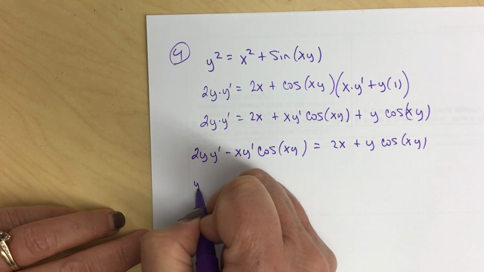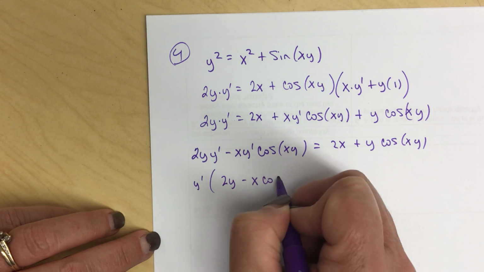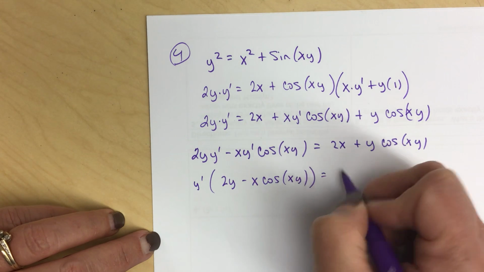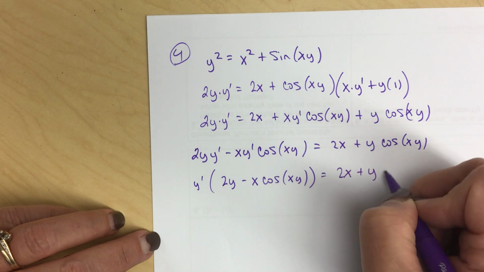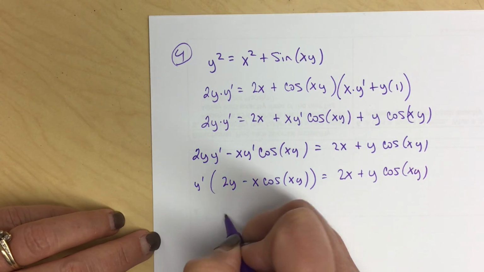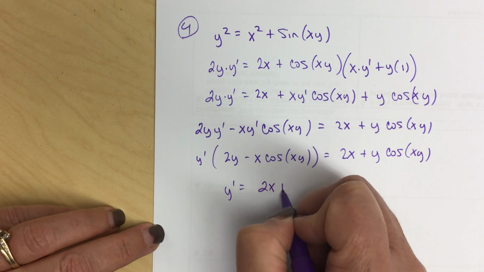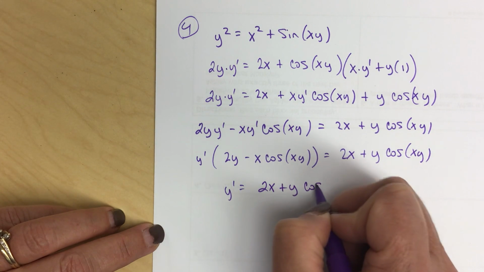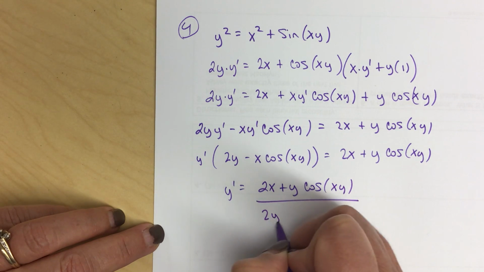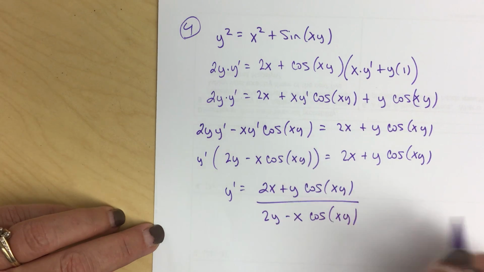Factor out a y prime, 2y minus x times the cosine of xy is equal to all of this. And so y prime is this numerator, 2x plus y cosine of xy, divided by 2y minus x cosine of xy.